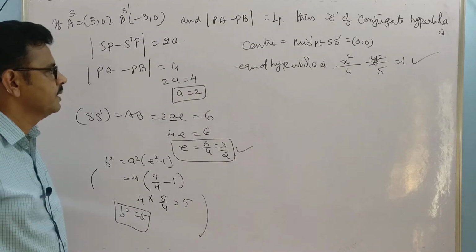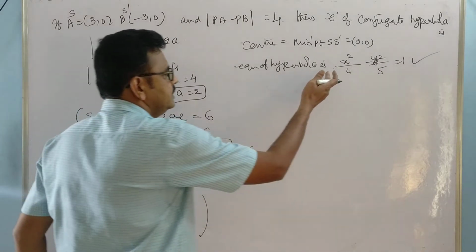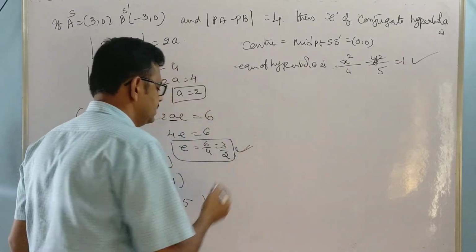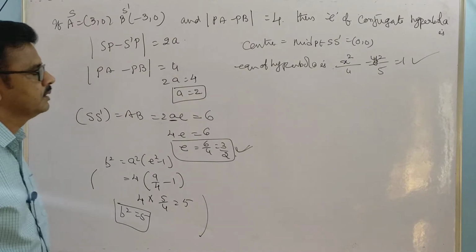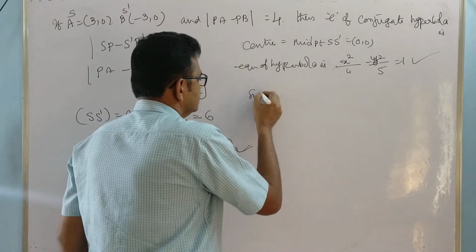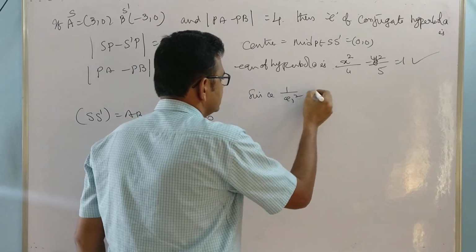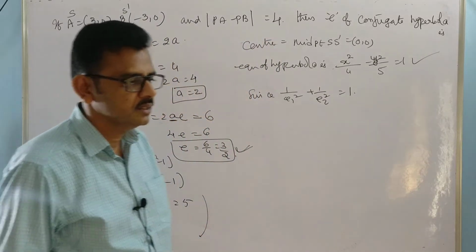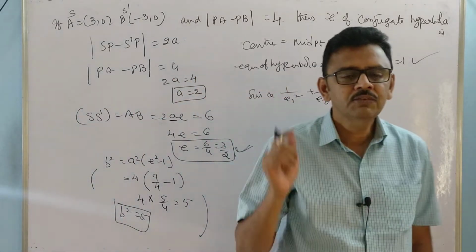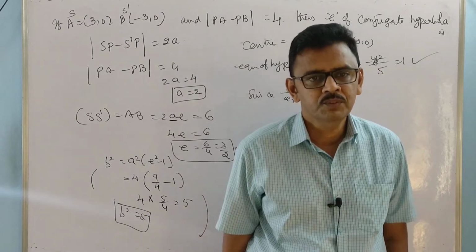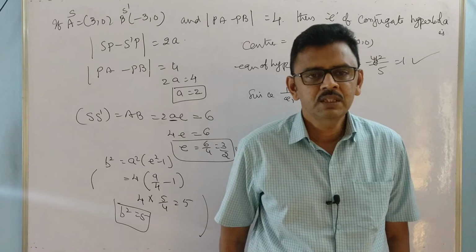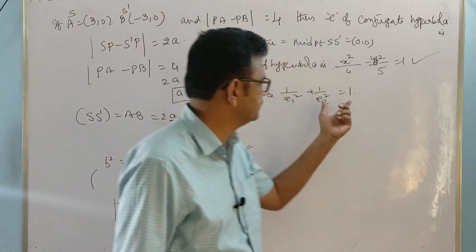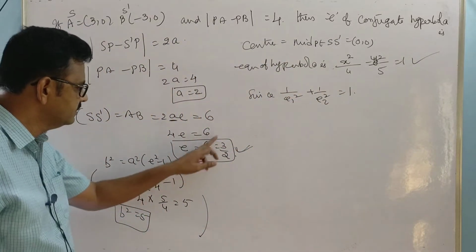Now e is equal to root of (a square plus b square) by a square, that is 3 by 2. So this is the eccentricity of hyperbola. Now, if e1, e2 are eccentricities of hyperbola and its conjugate hyperbola, then 1 by e1 square plus 1 by e2 square is equal to 1. That is one formula, already you know this. e1 is 3 by 2.